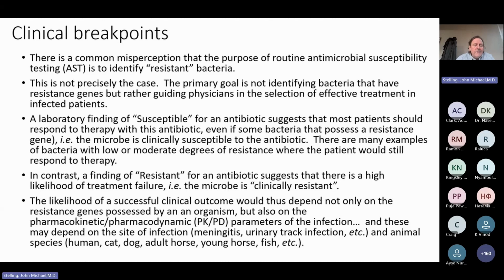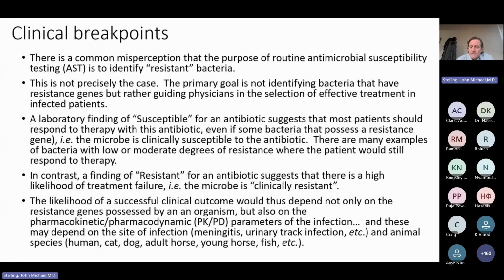In fact, CLSI has a few examples where they do provide different breakpoints for young horses or adult horses. I'm not certain personally why they came to that decision. It might have to do with kidney function and concentrations. It might have to do with natural, intrinsic immunological competence. Maybe an adult horse has more immunity or is less susceptible to dying suddenly. I don't know the reason, but for CLSI, there are a few young horse versus adult horse.